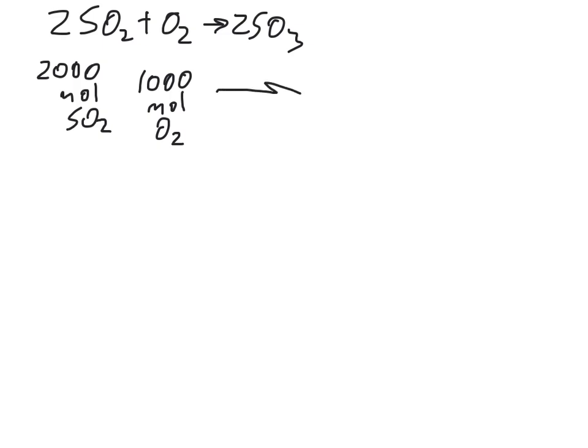And let's assume this reacts to form 1,000 moles SO3. We want to know what the fractional conversion is and the percentage conversion. We don't have to worry about what is limiting and what is in excess because these are in stoichiometric ratio, 2 to 1, just like in the equation.